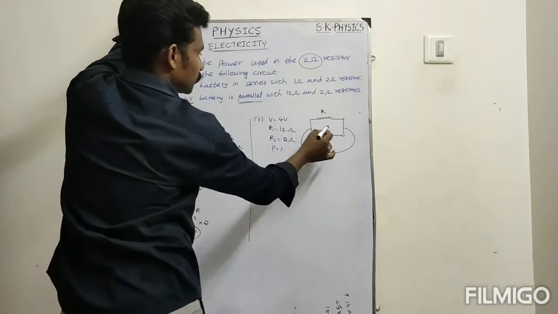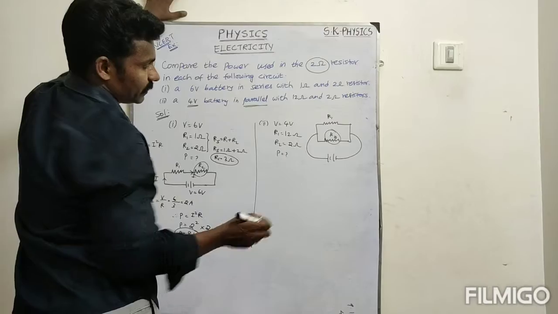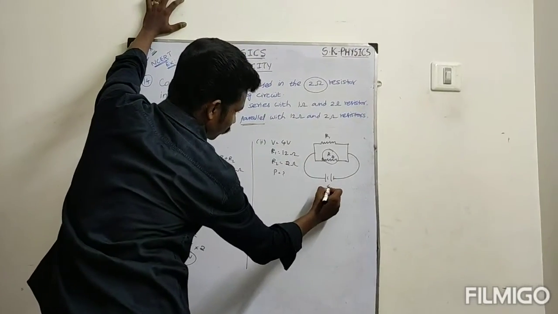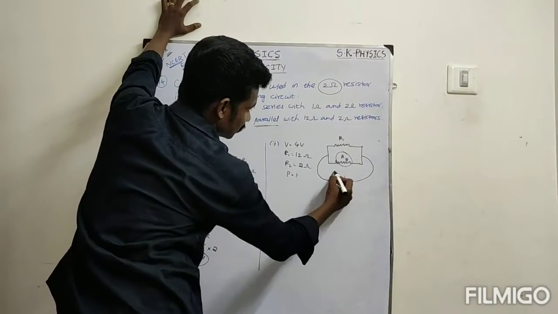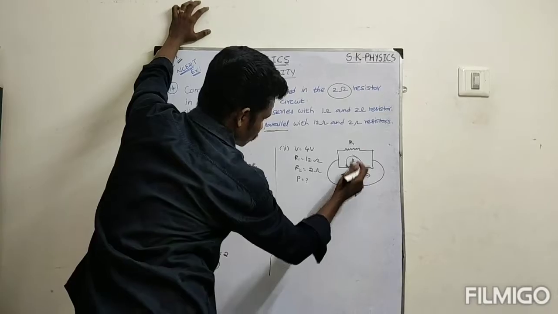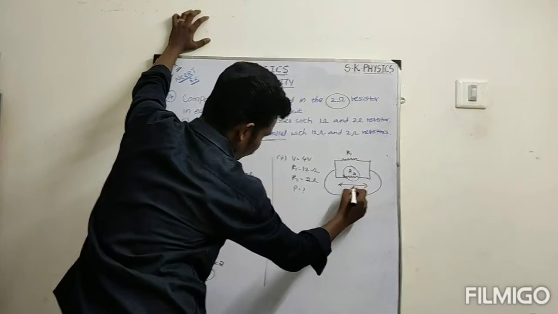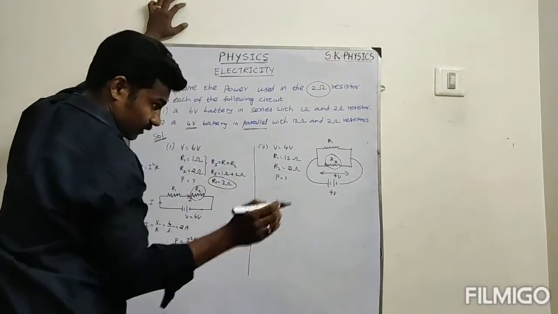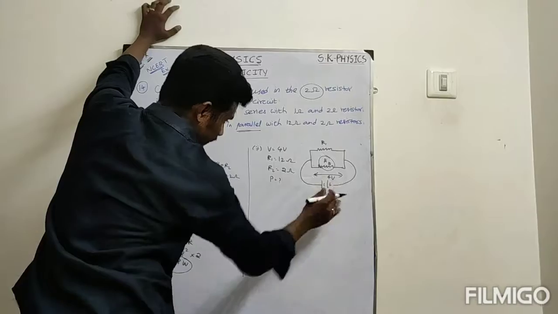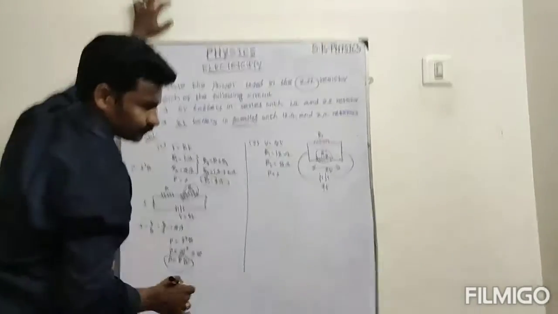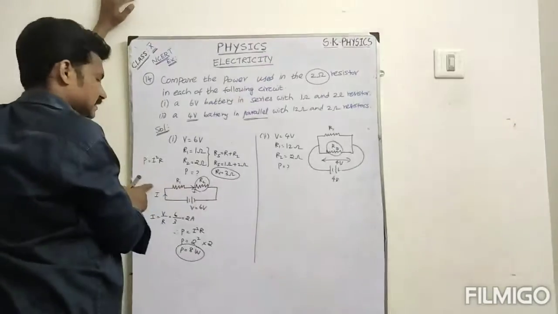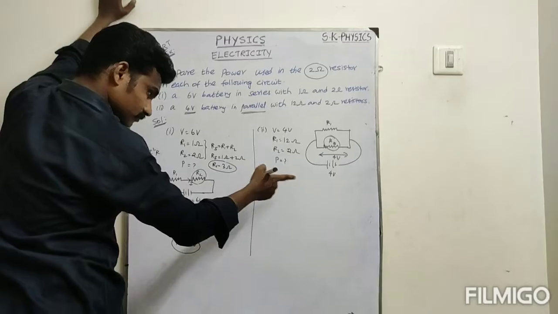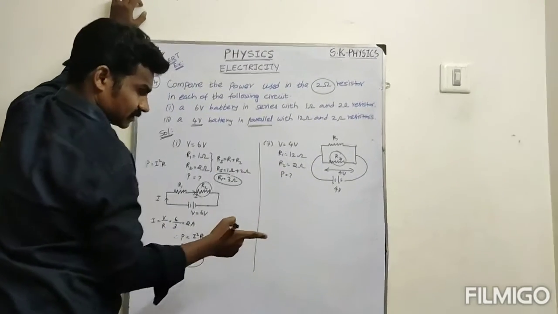So here what about the power value? But you know very well this is a parallel combination. So the battery voltage is 4 volts. The same voltage will be across R1 and R2 in all cases, because you know very well in the parallel connection voltage is constant. In series connection current is constant, here voltage is constant.